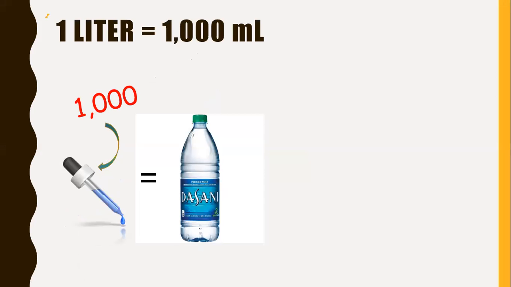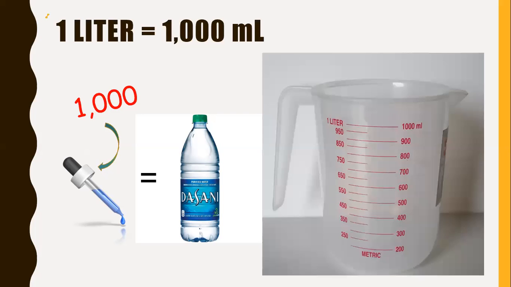So 1 liter is equal to 1,000 milliliters. The prefix milli, boys and girls, means 1,000. So 1,000 little eyedropper drops will fill up a liter bottle. And that is another way that we could measure liters and milliliters.